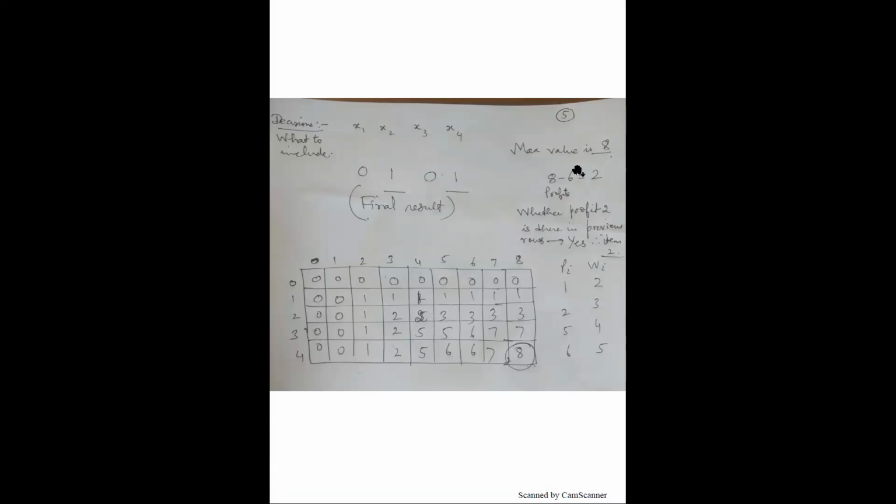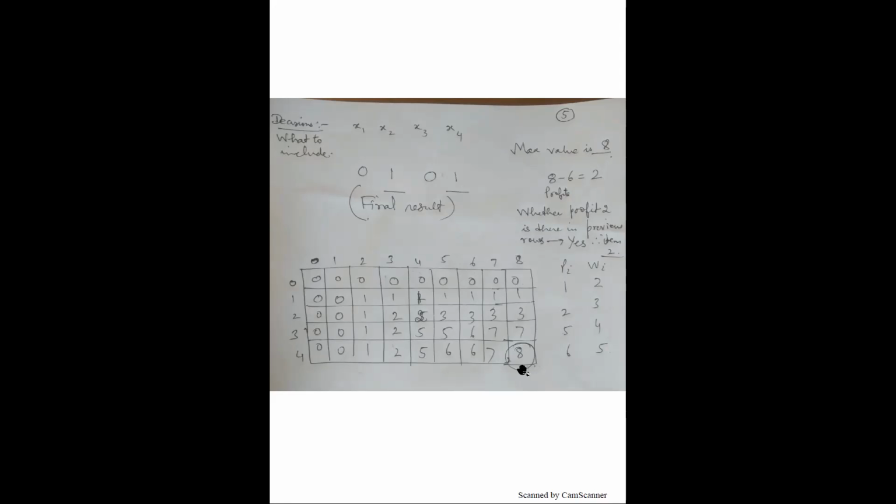And item 4 profit is 6. 8 minus 6 is 2. Maximum is 8, we have got 6 corresponding to item 4. What is left? Left is 2. And this one means item 4 is definitely there.